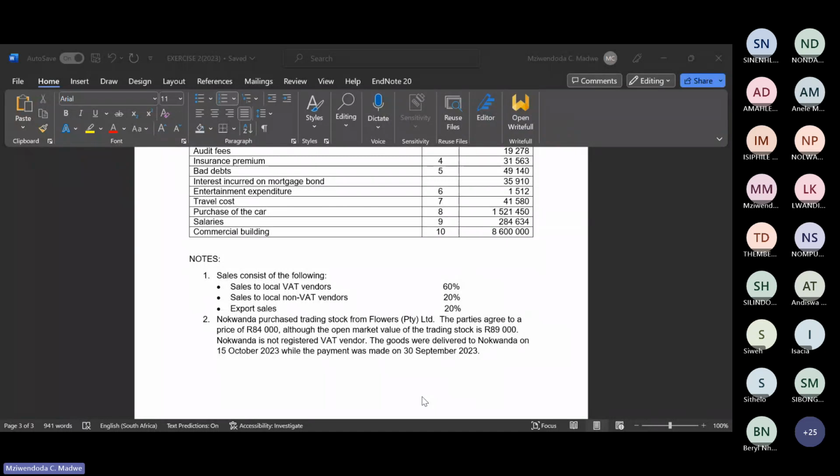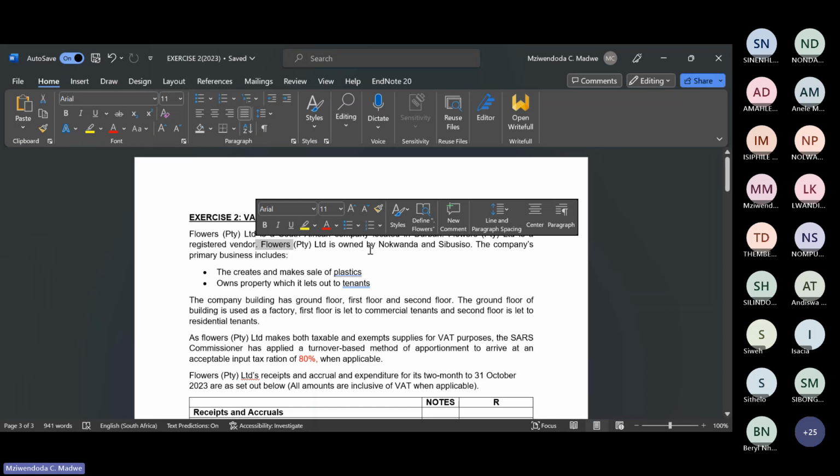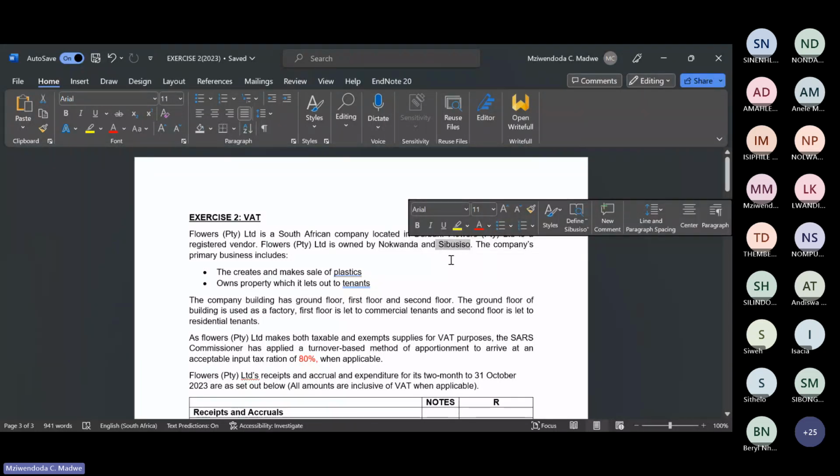Okay, then if you read your story, you will remember that Flower is owned by Nogwanda and Sibusiso. So Sibusiso and Nogwanda are the owners of Flower. Which means Flower is selling the trading stock to one of its owners, one of its funders.